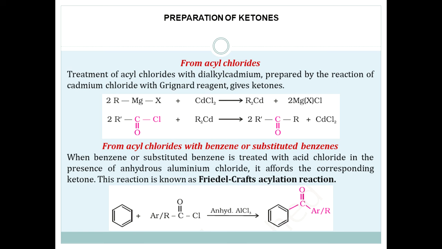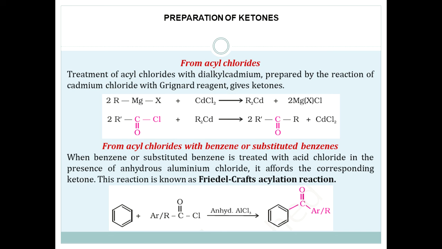When acyl chloride is treated with organocadmium, it produces the corresponding ketones. Here we use dialkyl cadmium because the organocadmium compound does not react further with the ketone product to form alcohols.